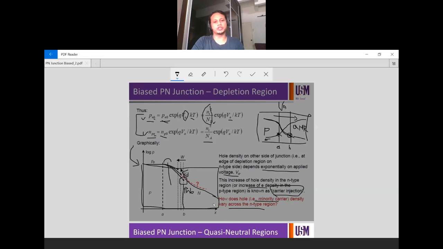Why do you think it's important to know the minority carrier across the N-type region? Why do you want to know this? What do you think is the reason you need to know this? Remember last time we discussed about the diffusion length, right? If you have a junction, for example, if you have a device later on, you'll put some contacts on the N-type, some contacts on the P-type.